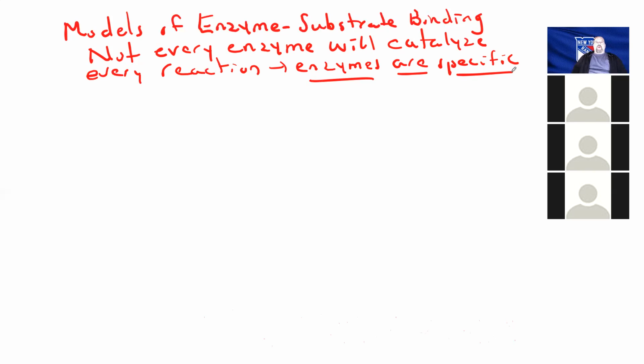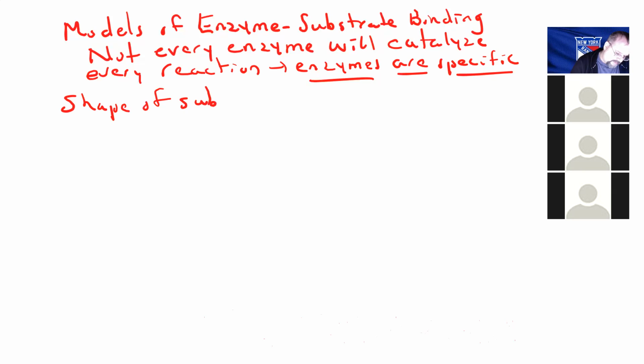Now, in terms of how close in shape, well, essentially, we talked about the active site on the enzyme and the shape of the substrate molecules, which are going to be similar in shape in order for recognition to occur.